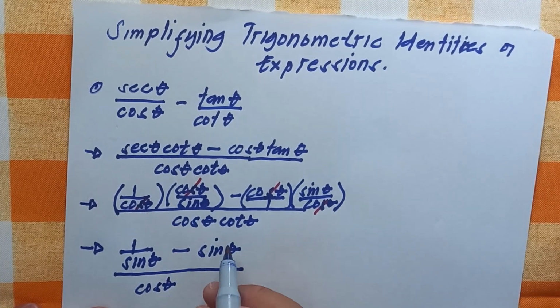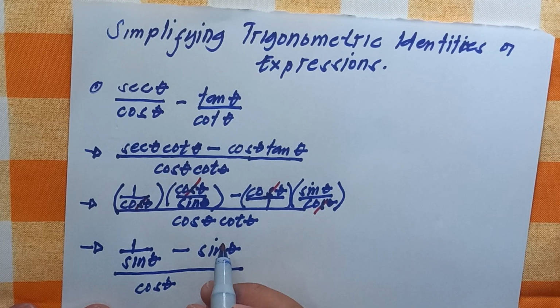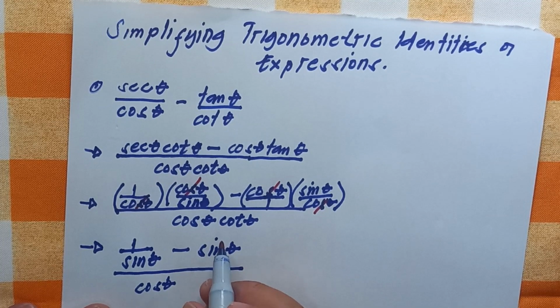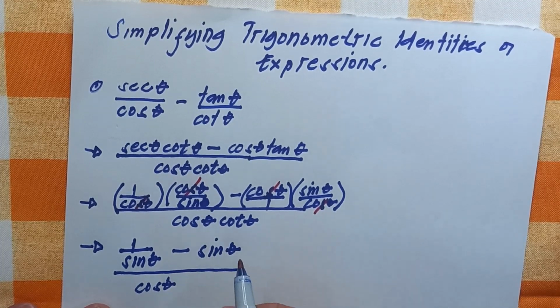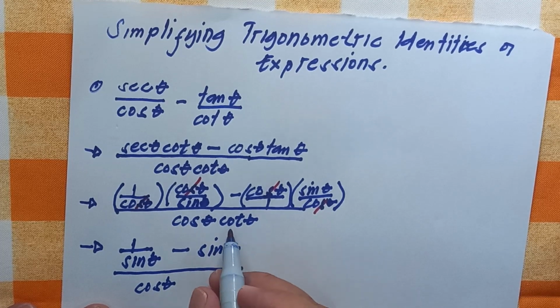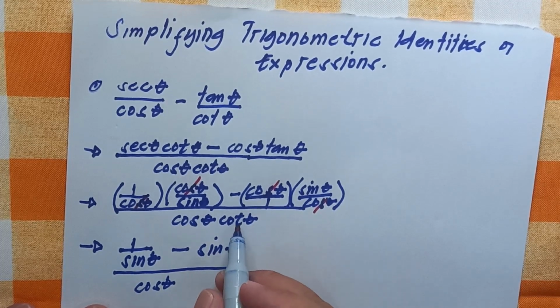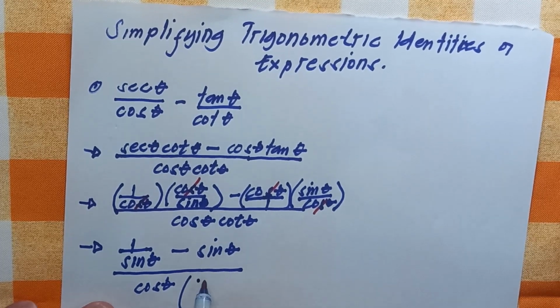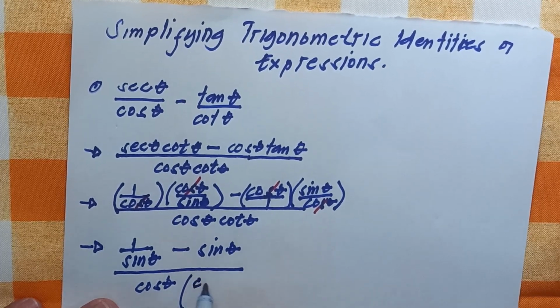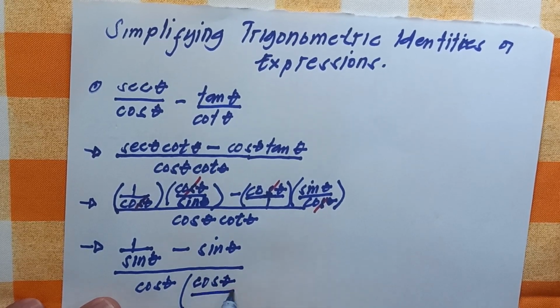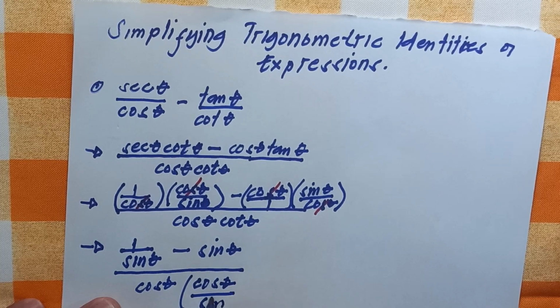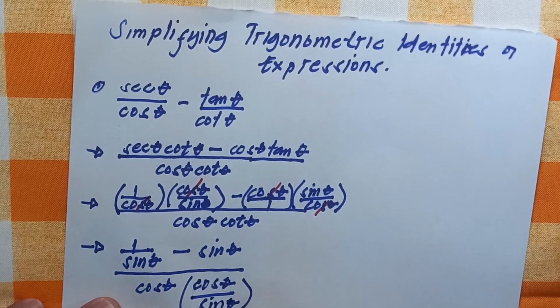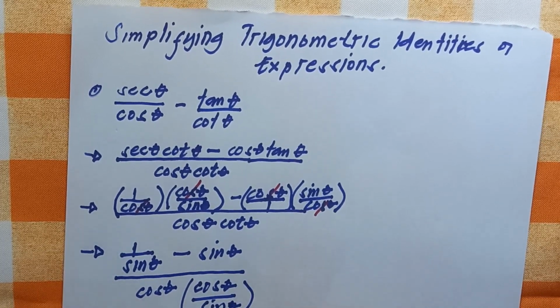Now, cotangent has also its definition. What is the definition of cotangent? That is the same as cosine theta over sine theta. Okay, so that is the resulting expression.